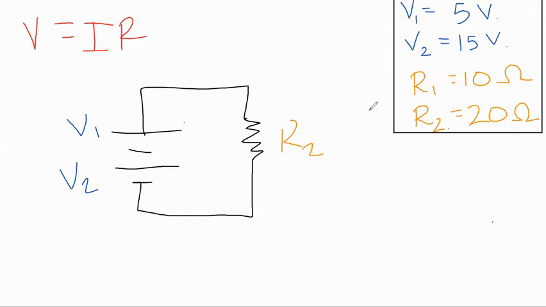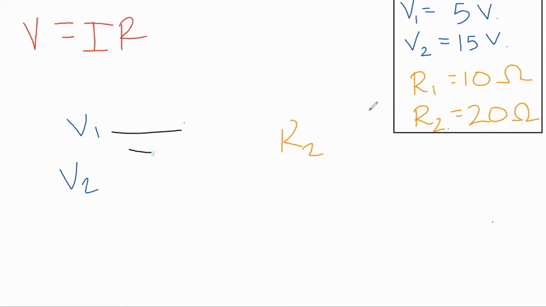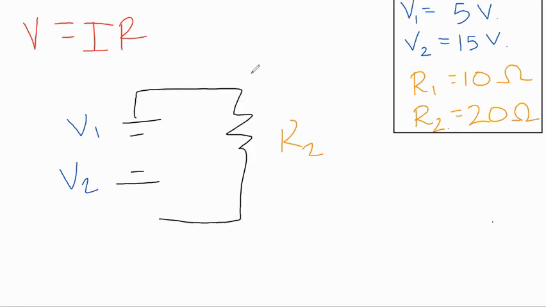However, now let's reorient this so that the circuit looks slightly different. Let's say that V2 were to look something like this, and V1 were to look something like this, and you had a resistor right here.